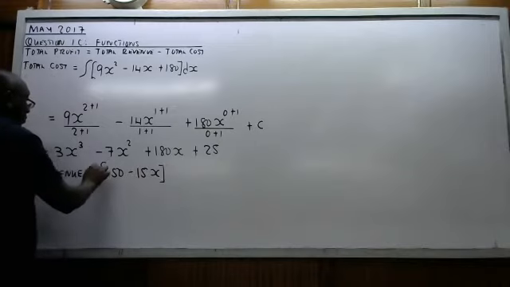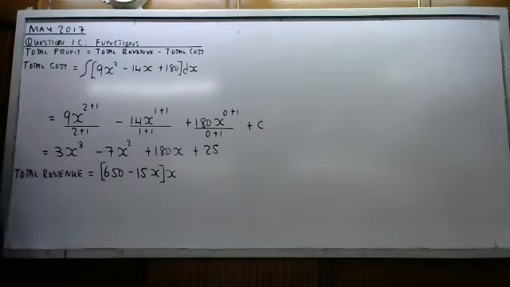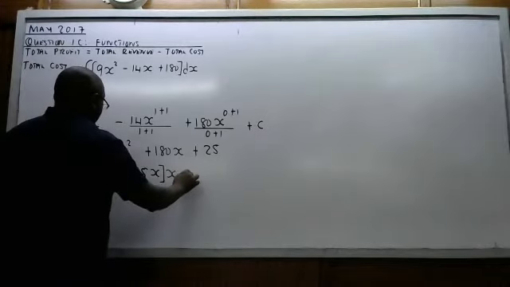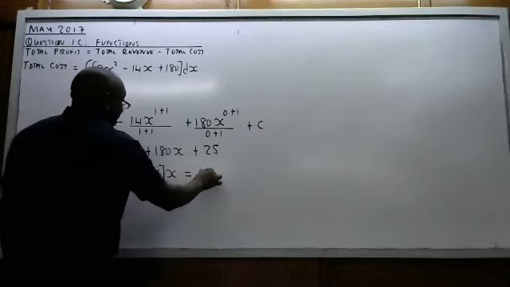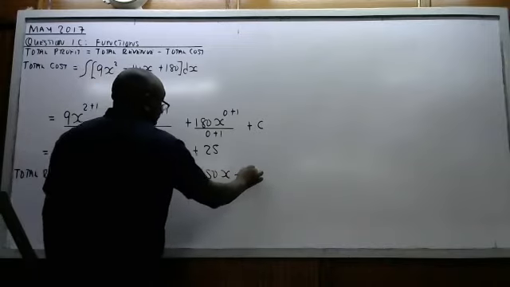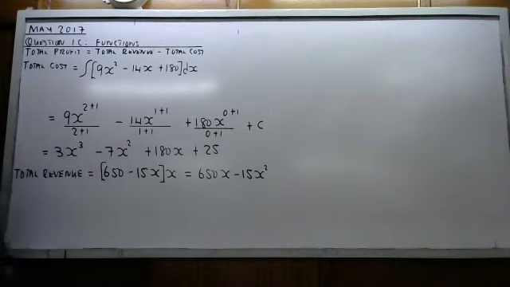So we will multiply by x, and it opens up as 650x minus 15x squared.